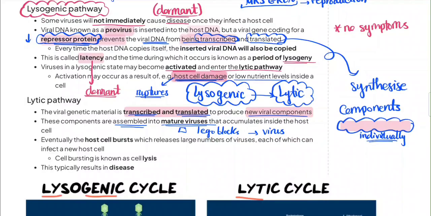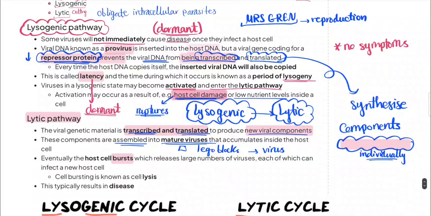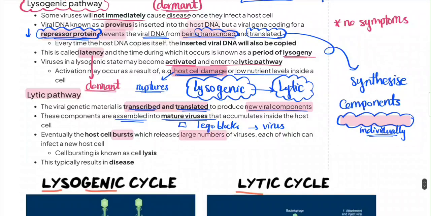Finally, the host cell bursts, and this makes sense because the whole pathway is called the lytic pathway, where the lysis of the cell surface membrane occurs. And this releases a large number of viruses, hundreds to thousands and millions of viruses, each of which can infect a new host cell.